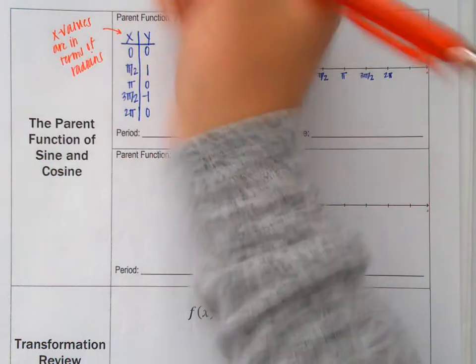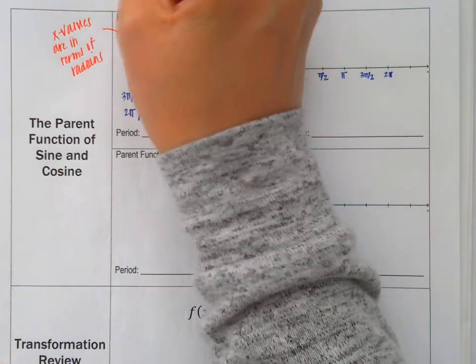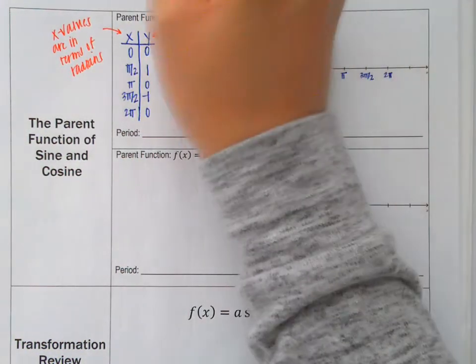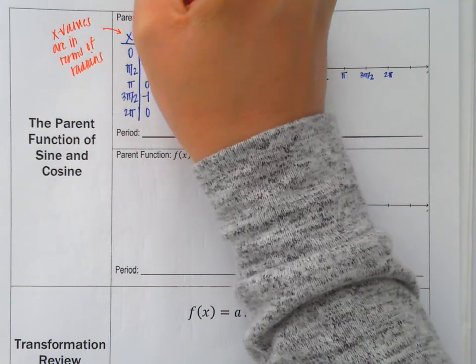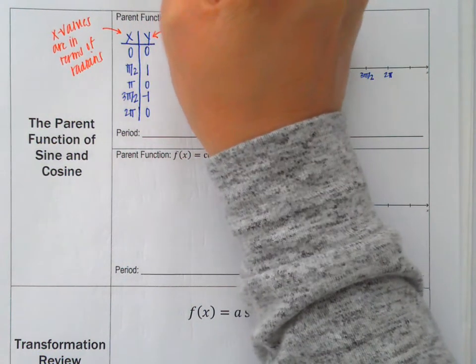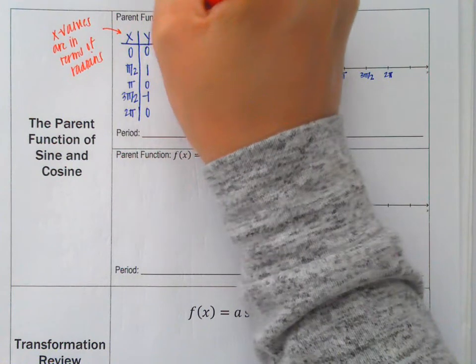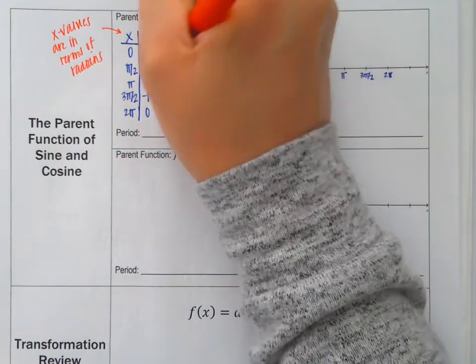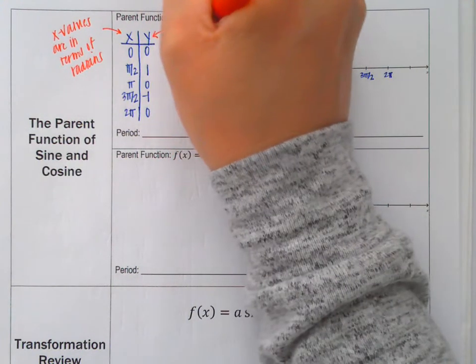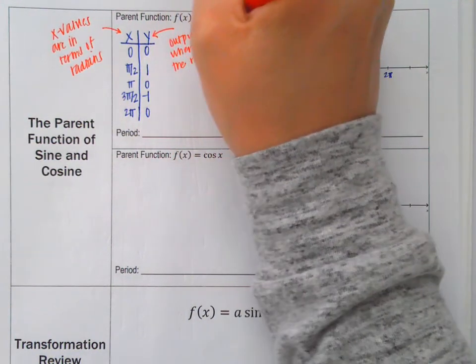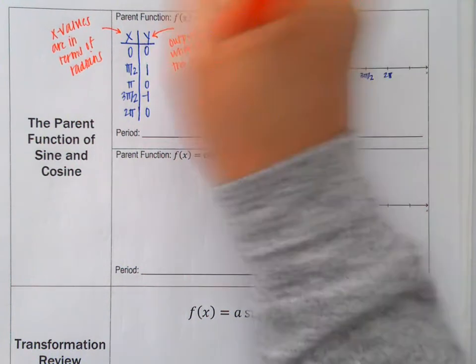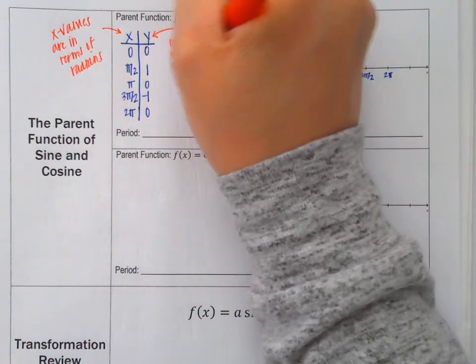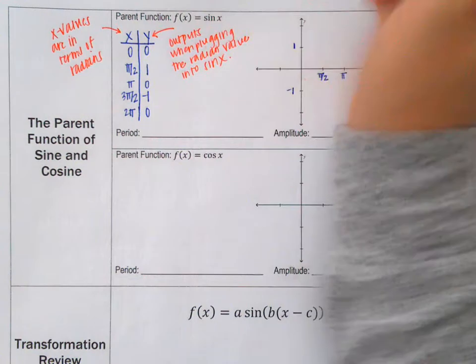My y values, just in case you're wondering where those came from, are the outputs when plugging the radian value into sine x.